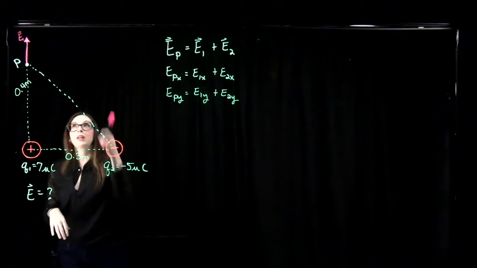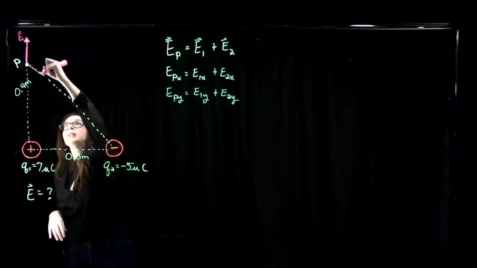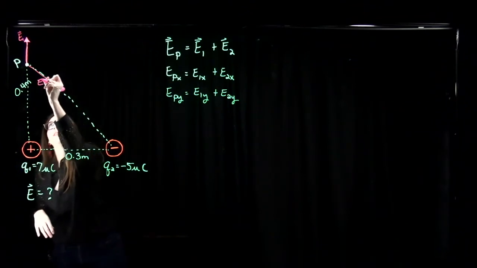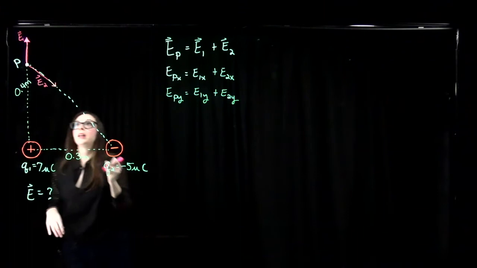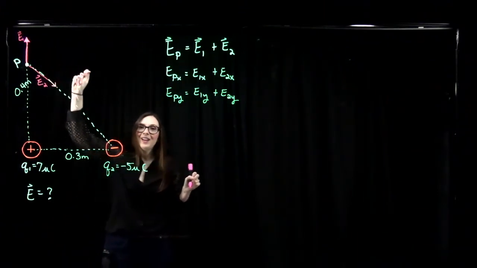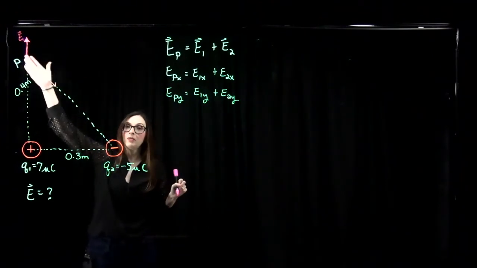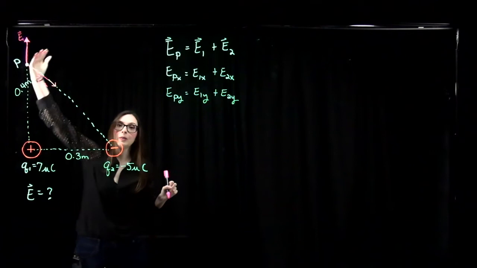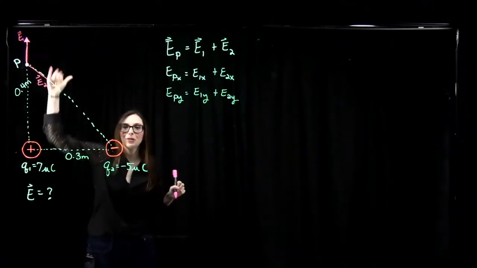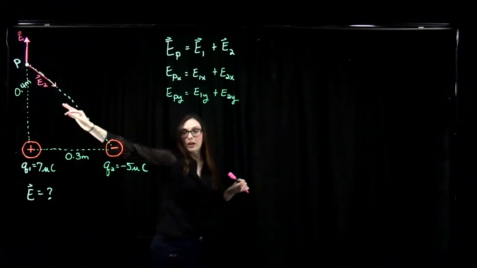So the electric field at point P due to charge 2 is going to be pointing in this direction. Okay, so that is my vector for E2. So we're going to add these two together, and then we'll get our total vector, the sum of E1 and E2. That's going to be kind of pointing off somewhere kind of in here, kind of like the average of these 2 vectors together. Okay, now we've drawn in those.